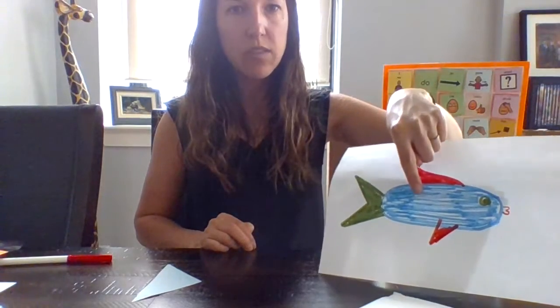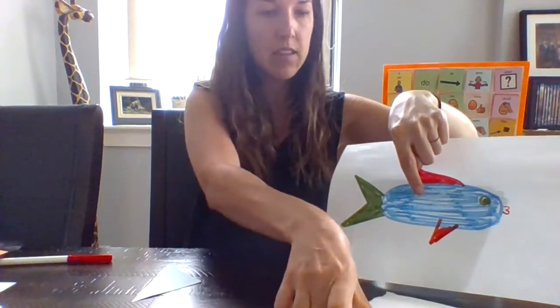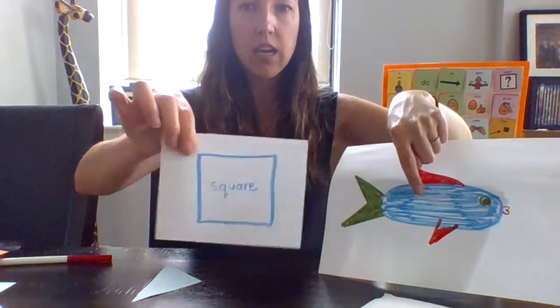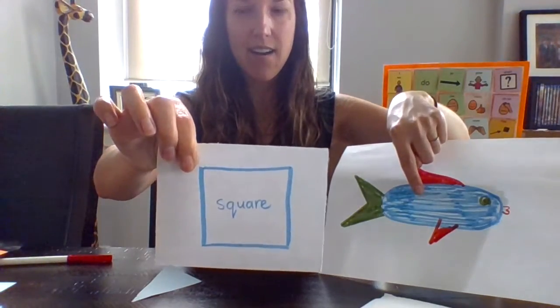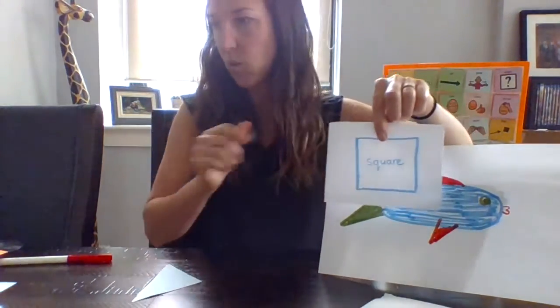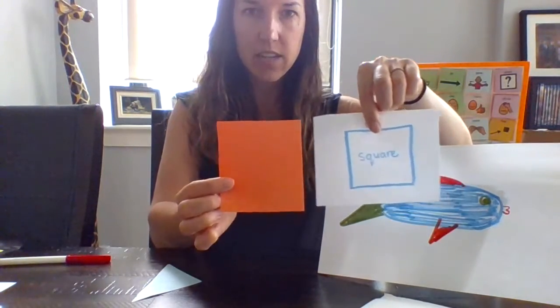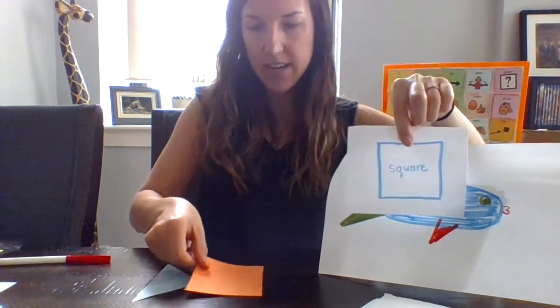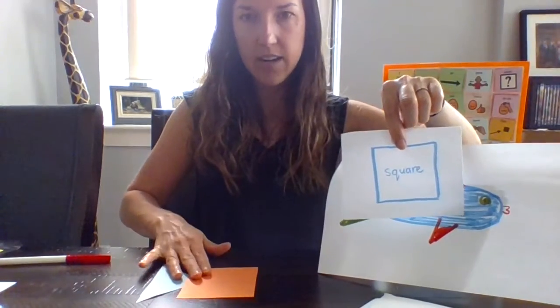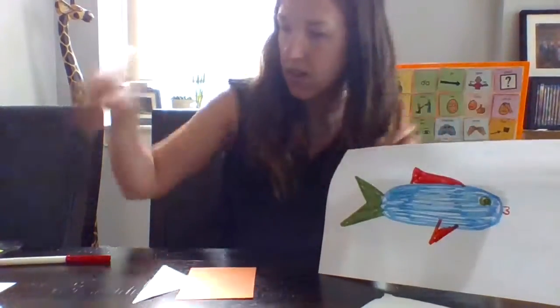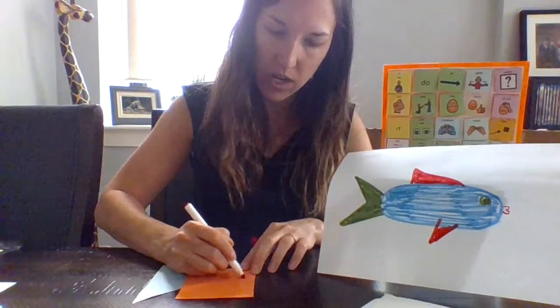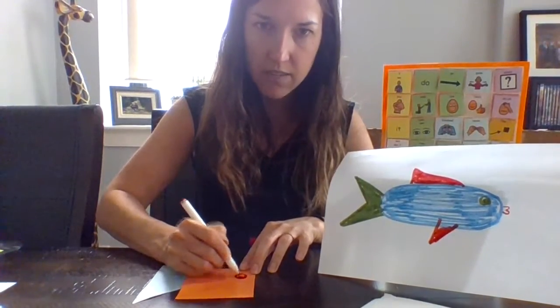Now we'll pick out the body. The body is going to be a square. I'm going to look for a square. Does that look like a square? Got it. And put that on there. And on my body, I like to do my eyeball so that we know what we're looking at.